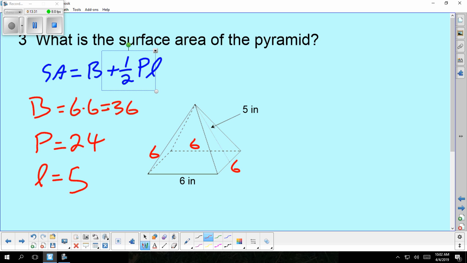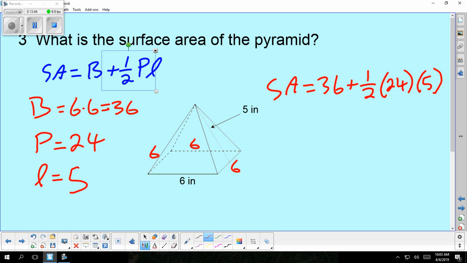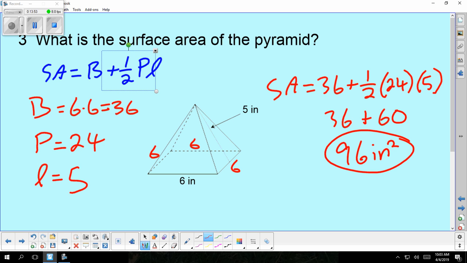So now I can plug this in, and I get 36 plus 1/2 the perimeter of the base times the slant height. I get 36 plus 12 times 5 is 60, or 96 inches squared. So not difficult, just finding those three things and using that formula.